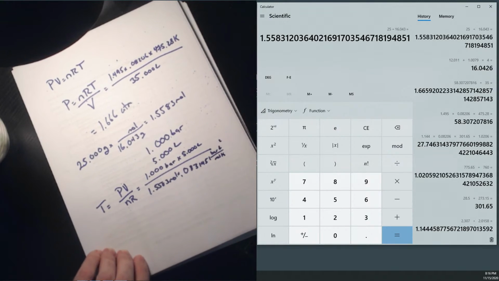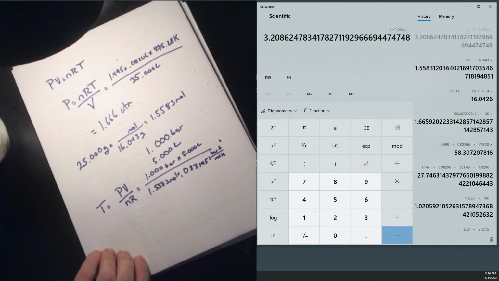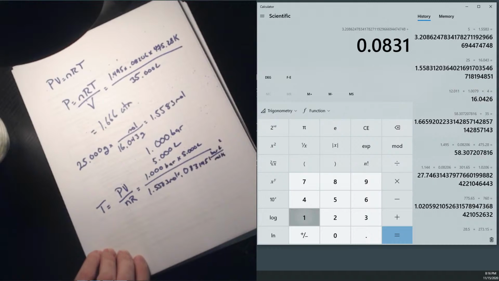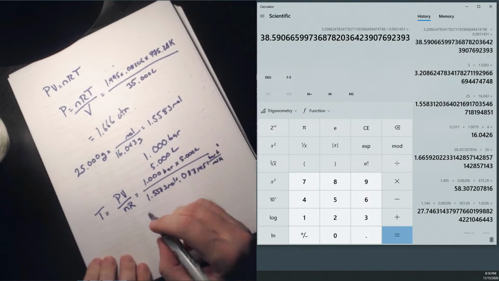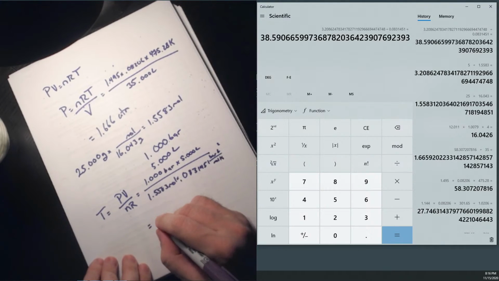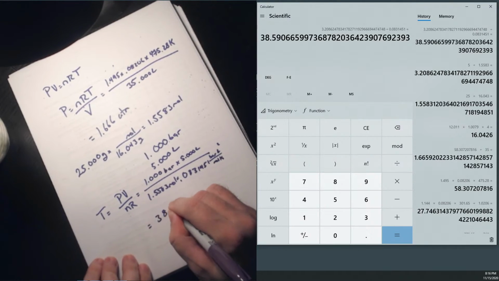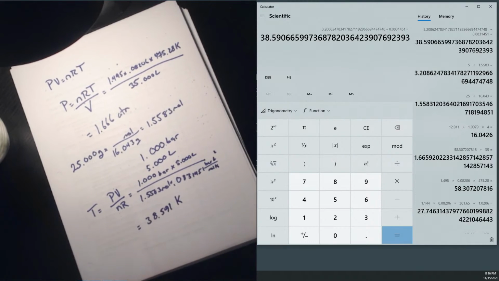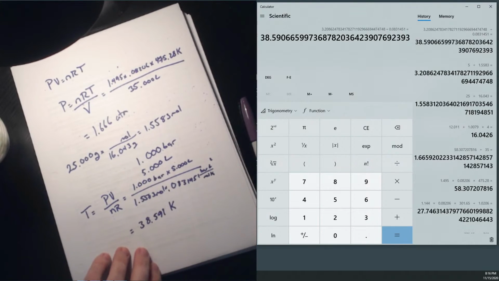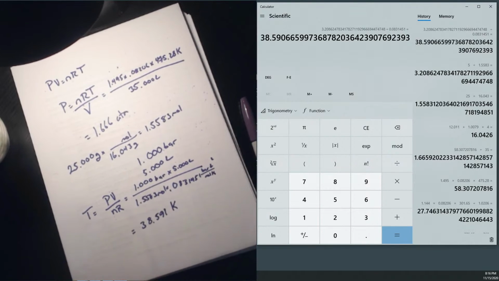So 5 divided by 1.5583 divided by 0.0831451 means that in order to get it to exert only 1 bar of pressure, it's going to need to be 38.591 Kelvin. Very, very cold. It's like negative 340 degrees Celsius.